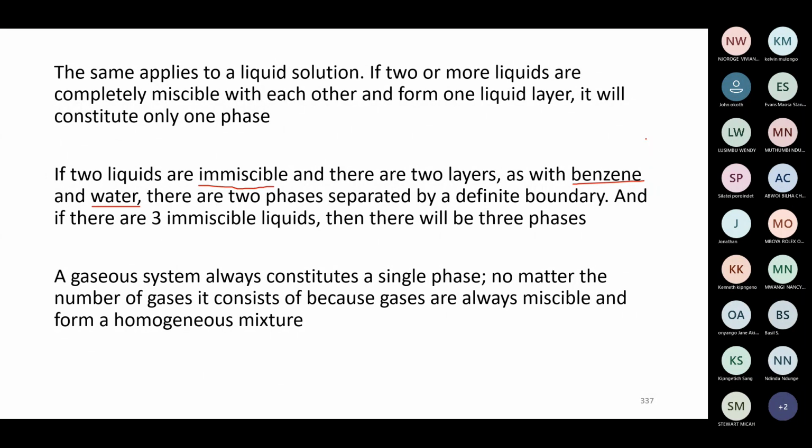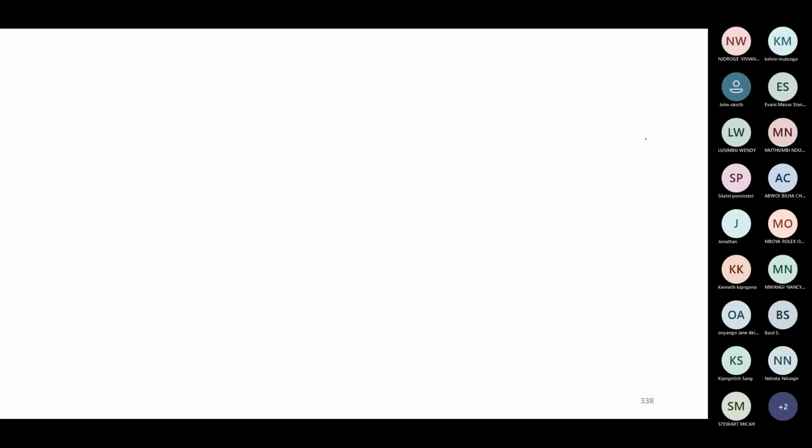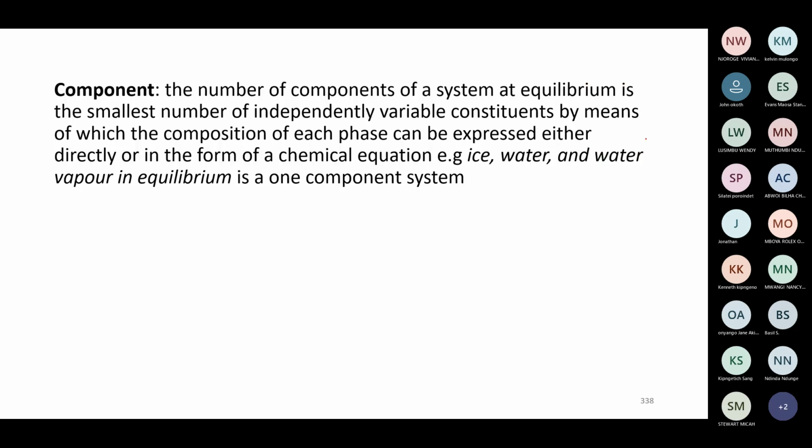So of course, at the beginning, when you mix two gases, it will not be homogeneous, but with diffusion, eventually you have a homogeneous mixture of the gases. So it's always a single phase in the case of a mixture in a gaseous system. So that was the definition of phase.